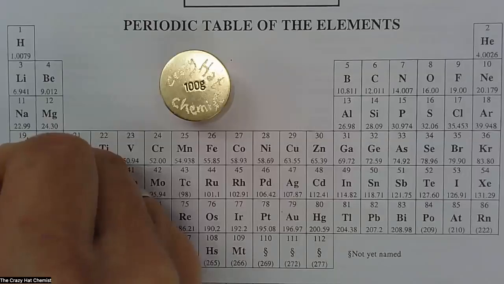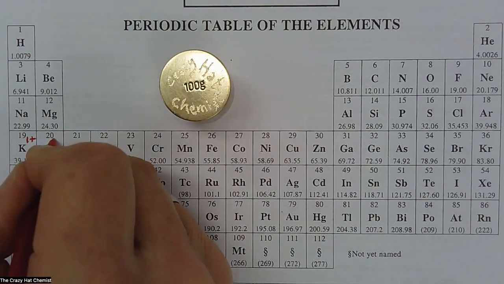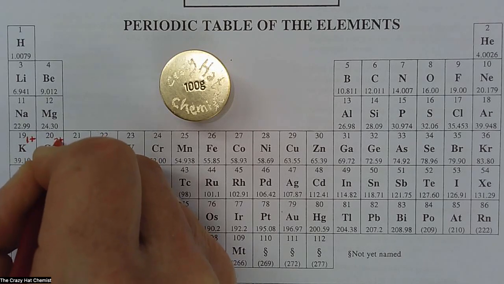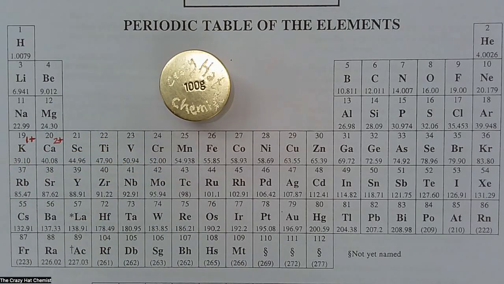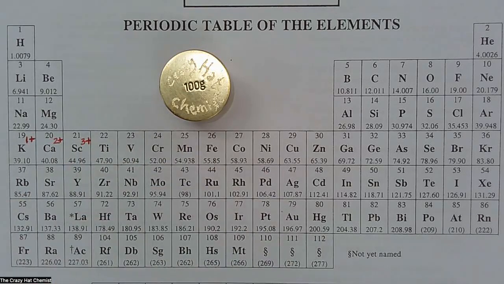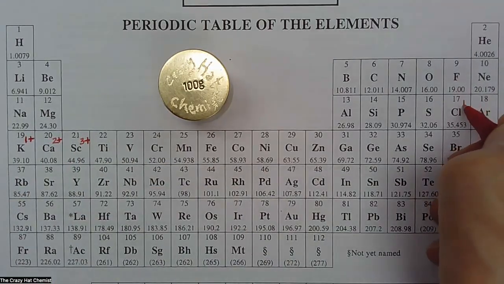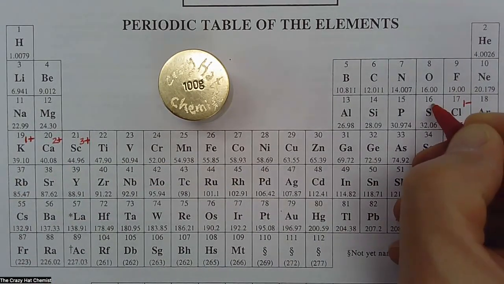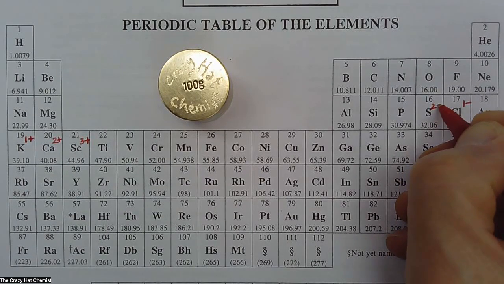Potassium ion is 1 plus. Calcium ion is 2 plus. Notice that these are periodic trends. The scandium ion is 3 plus, a periodic trend yet again. Then the chloride ion is 1 minus and the sulfide ion is 2 minus.